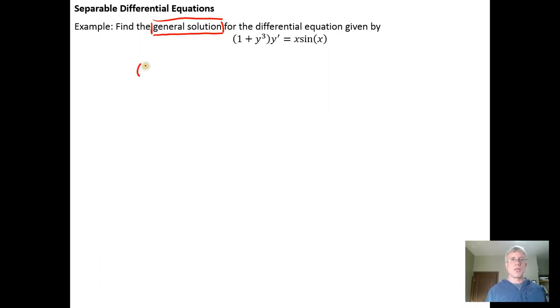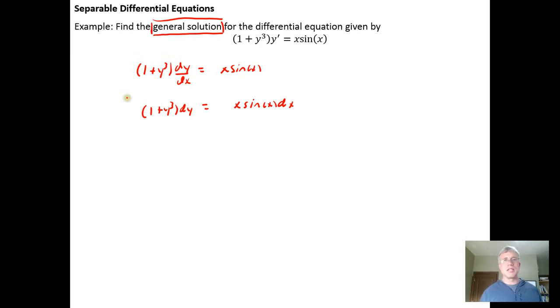So this differential equation: 1 plus y cubed, times y prime, is equal to x times the sine of x. And what we want to recognize is that the y prime can be written as dy dx. So multiplying both sides by dx, we get x sine x dx on the right hand side, and we're left with 1 plus y cubed dy on the left hand side.